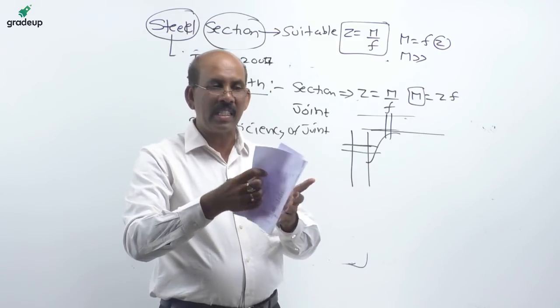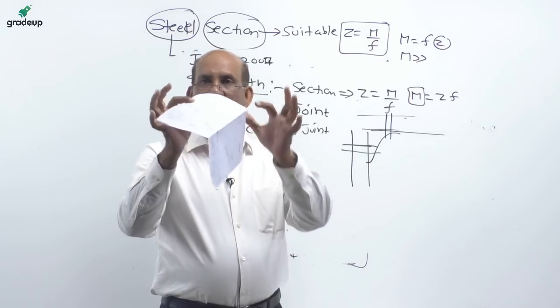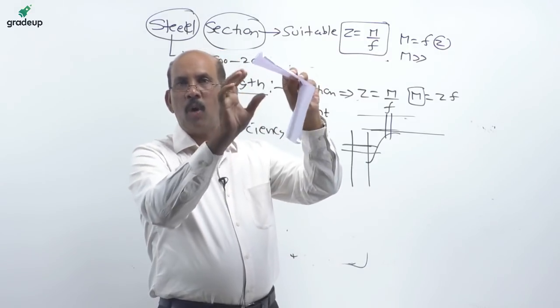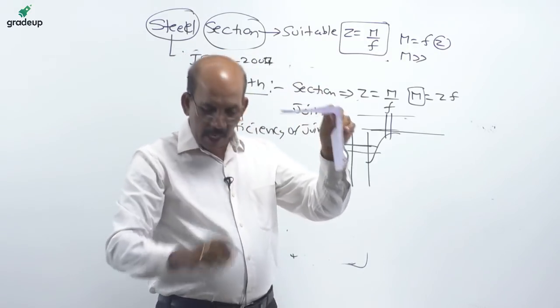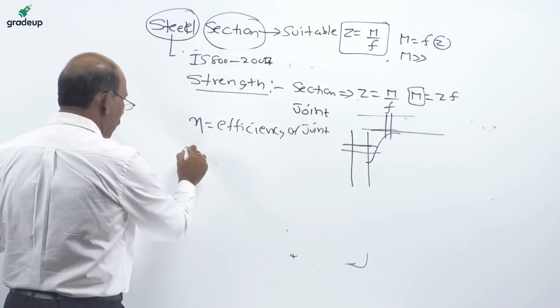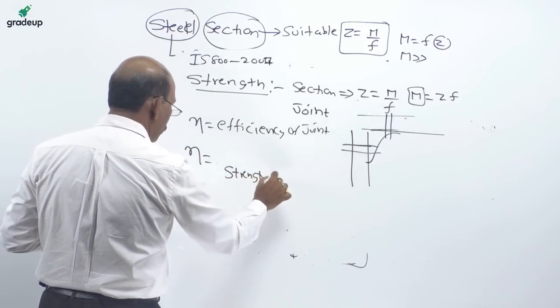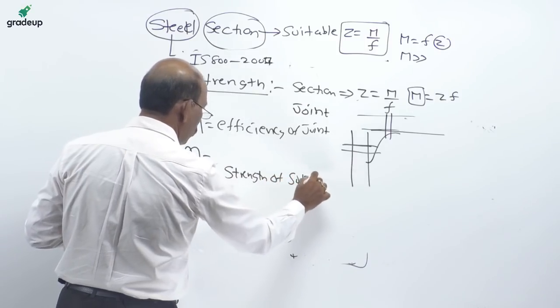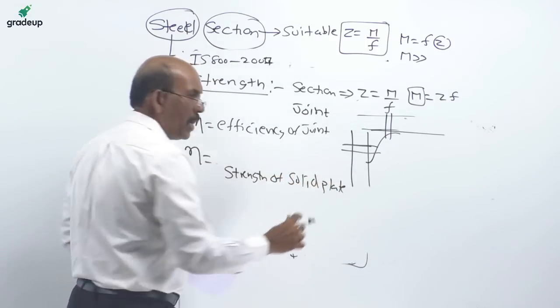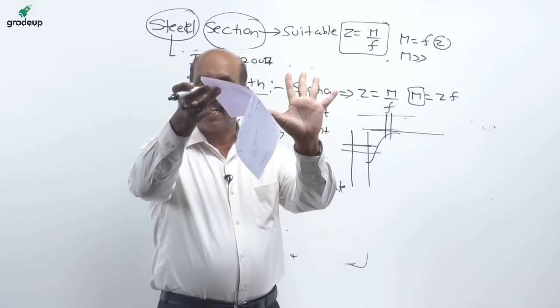You can see this is a solid paper, without any holes. So the efficiency has the strength of the solid plate in the denominator, and solid plate means without any holes.